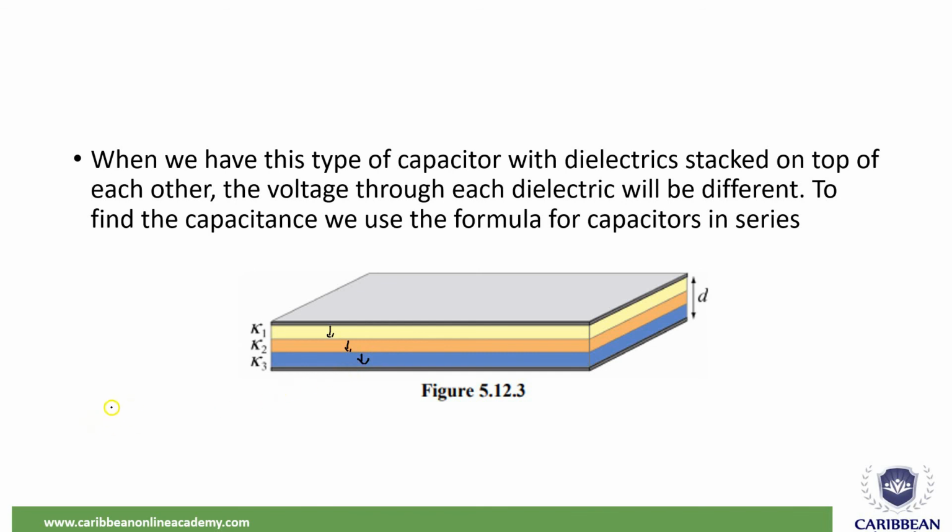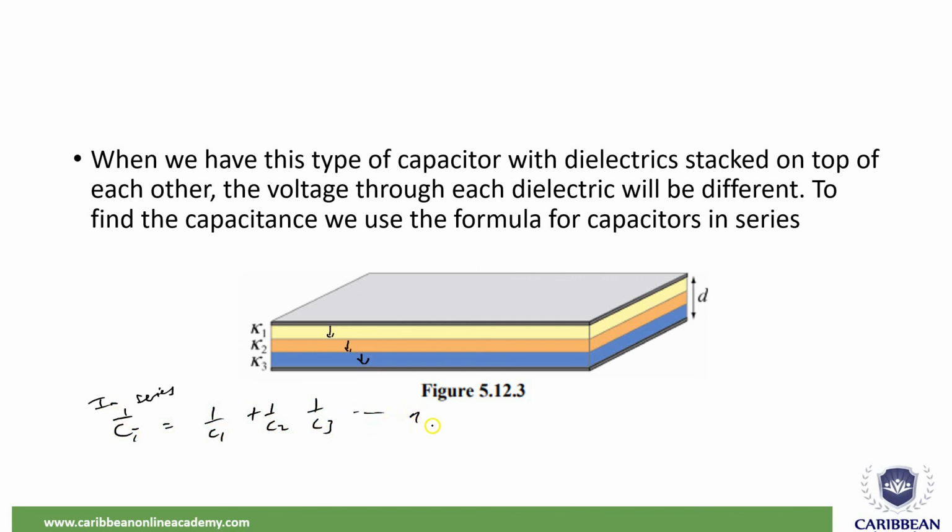And if you can remember, whenever we have capacitors in series, we say that 1 upon CT is equal to 1 upon C1 plus 1 upon C2 plus 1 upon C3, and it continues, right?